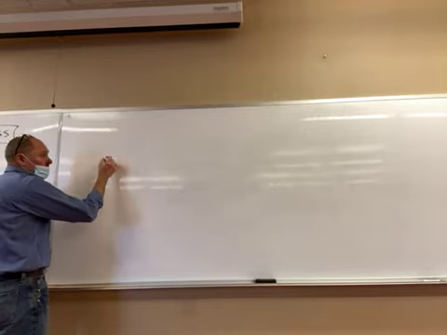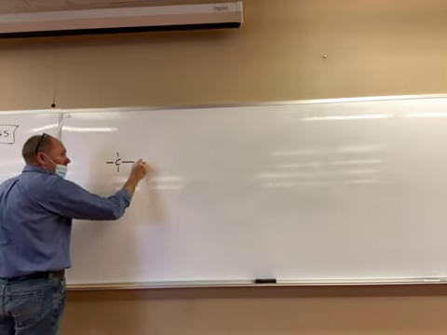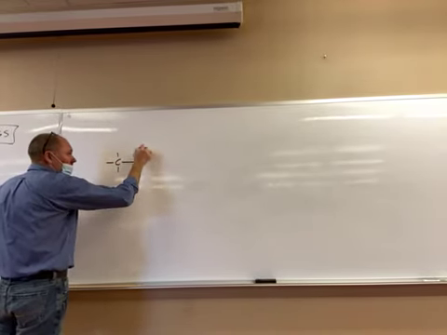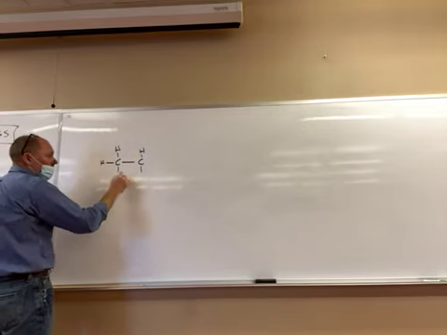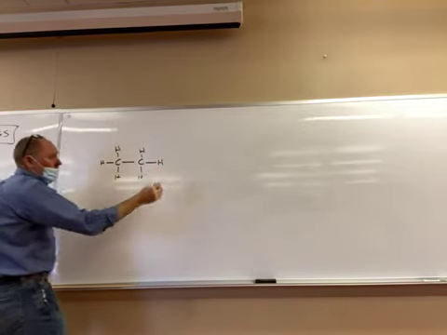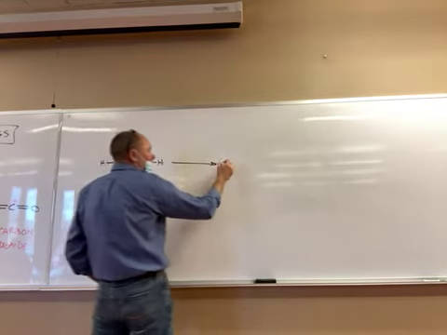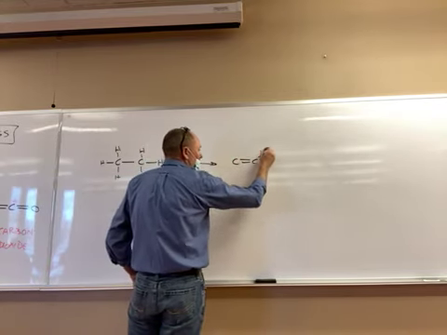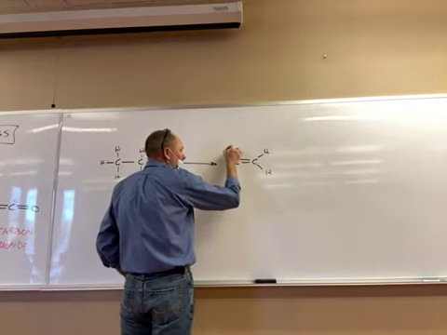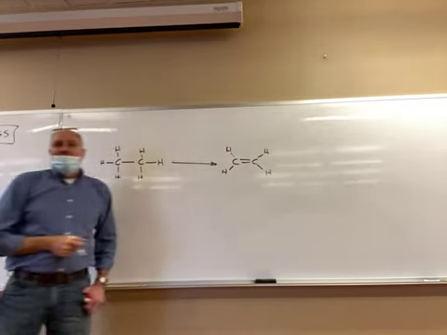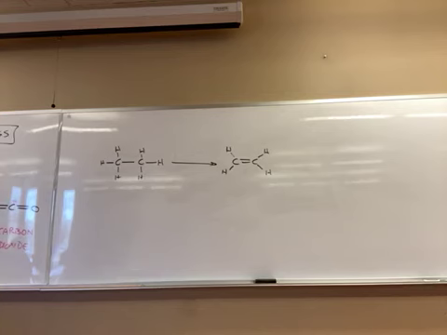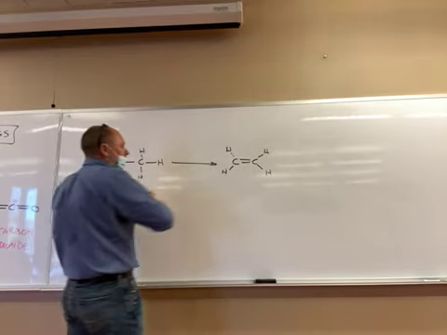One of them is if I go from an alkane to an alkene, what did I do? What happened to those carbons? Did they lose or did they gain hydrogen? Lost. They lost hydrogen. So what is that? It's an oxidation step, okay? So this is an oxidation.